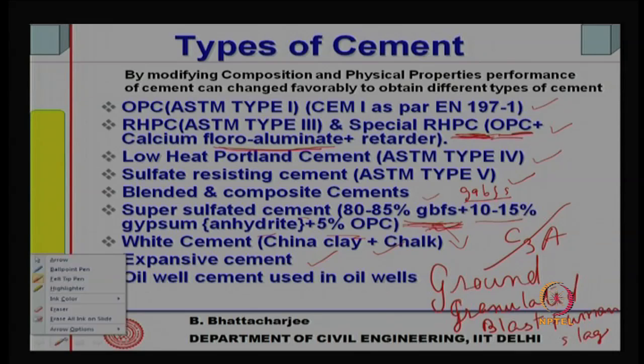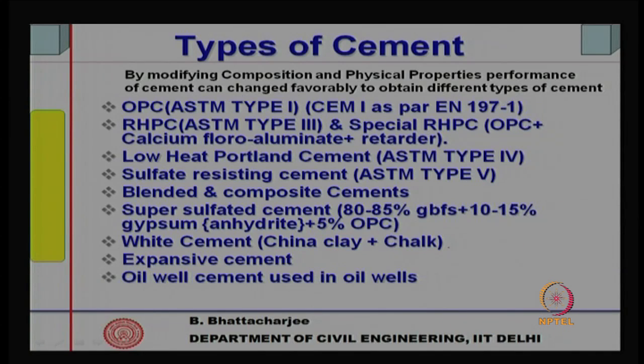White cement is essentially prepared for aesthetic purposes, from China clay, which is white, and the calcium carbonate source used is chalk. Both are white because they are more or less pure. No iron should be present, no other oxides which can add color.